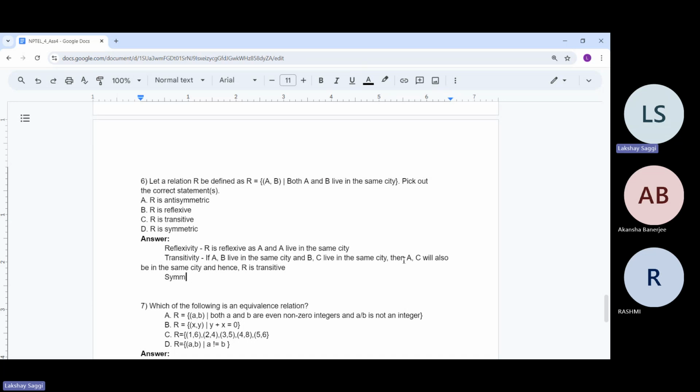And now let's go to symmetric. So is R symmetric? Akansha has already answered BCD in the chat. So yes, Akansha, your answer is actually correct. Good job, but I'll just explain this. R is symmetric also. And why is it the case?